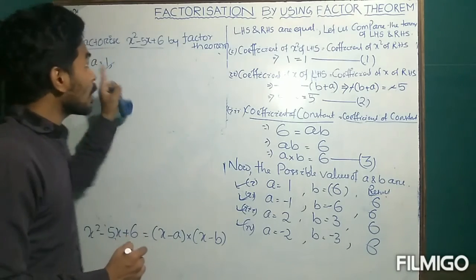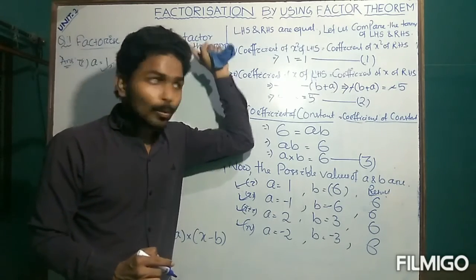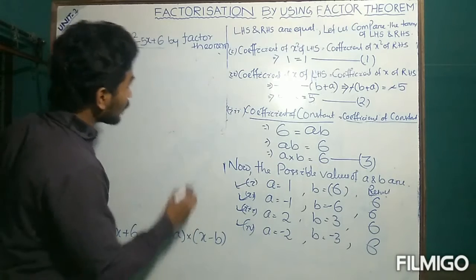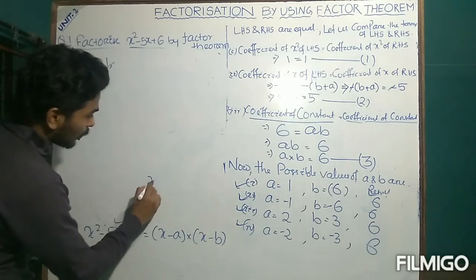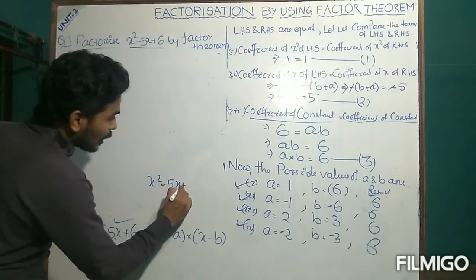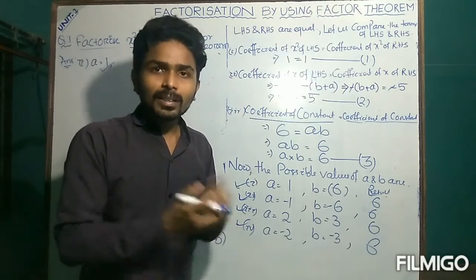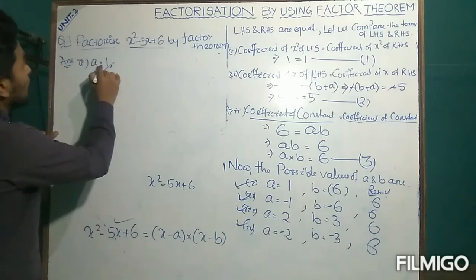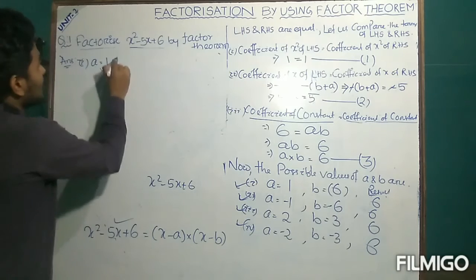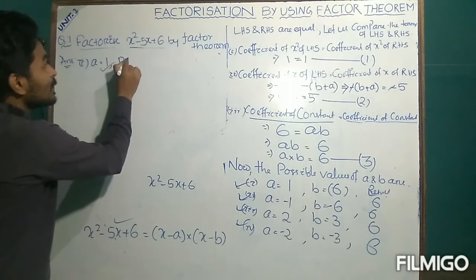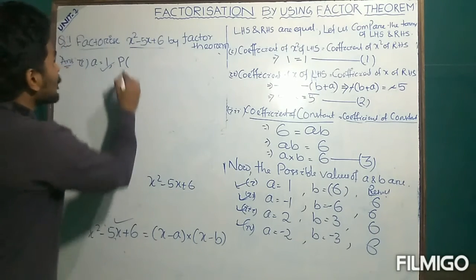So we have to show whether for a is equal to 1, the remainder will be 0 or not. The polynomial will be this one. Let us check out. a is equal to 1 is the root, so we have to find the remainder. That means we have to find p of a.